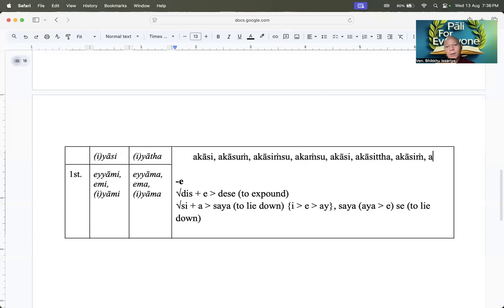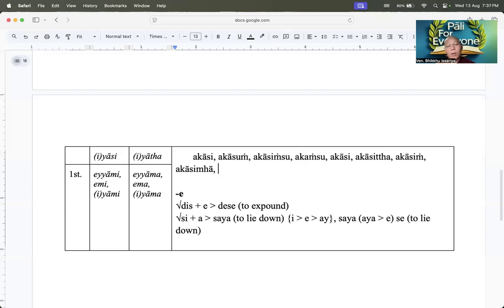Akase, and then so akase ma or akase ma in this way. That is special one for the root guard. So the other ones are not so special.